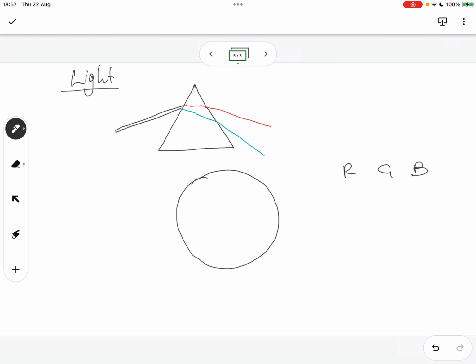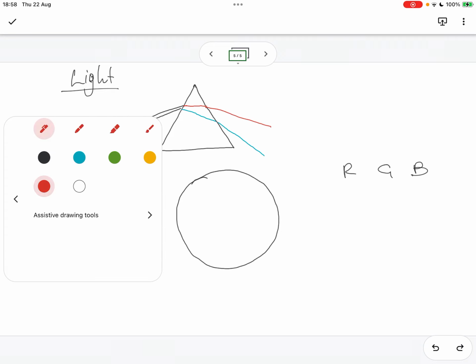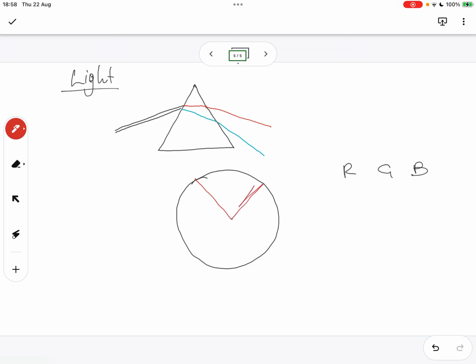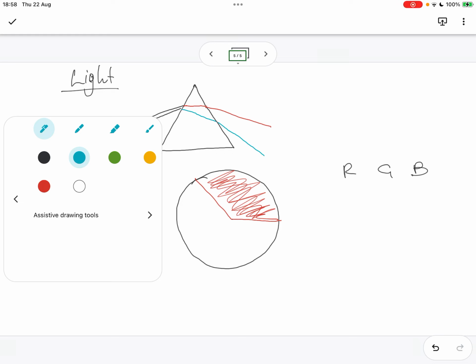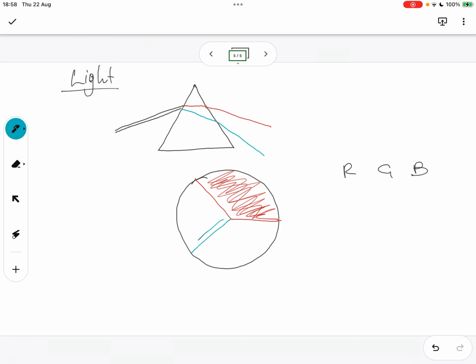You have the disc and it's got red, supposed to be a third. It's got blue, and it's got green, right?